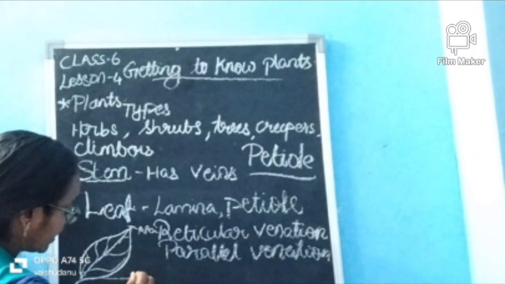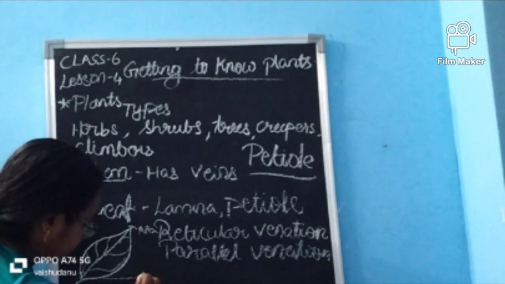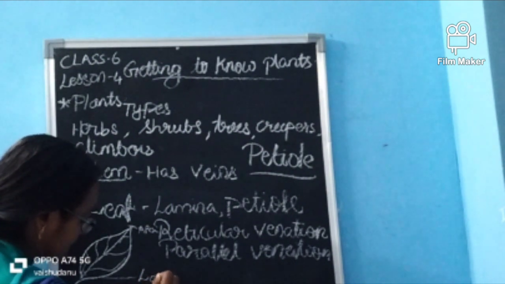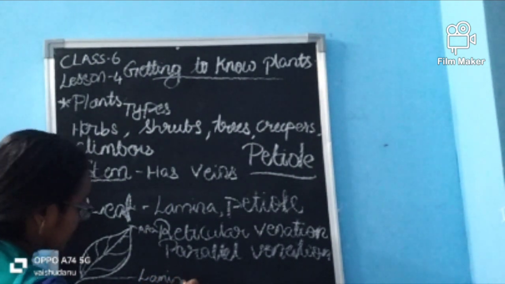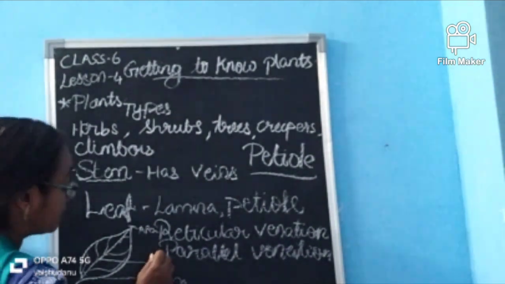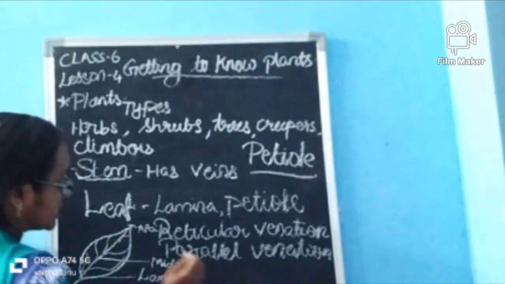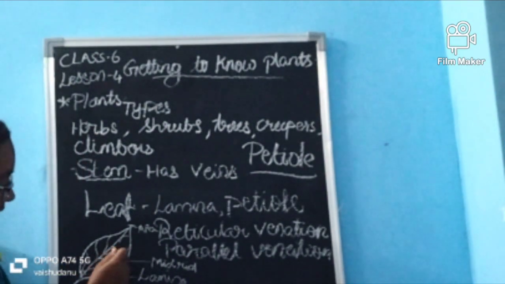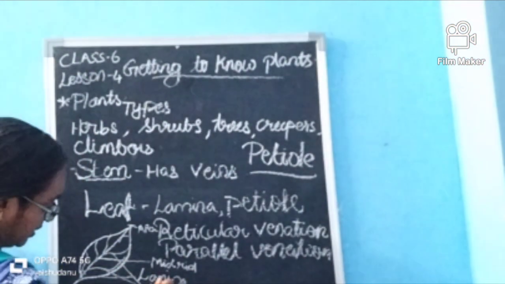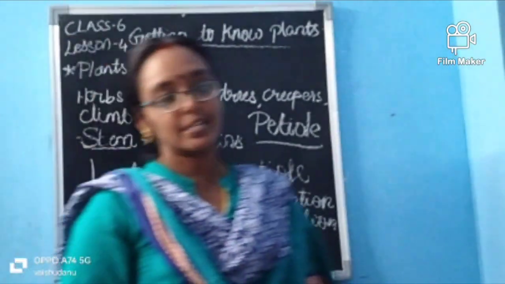It is called lamina or leaf blade. The central vein is called what, ma? It is called midrib. And we can say small veins. These are veins. This is the structure of the leaf.